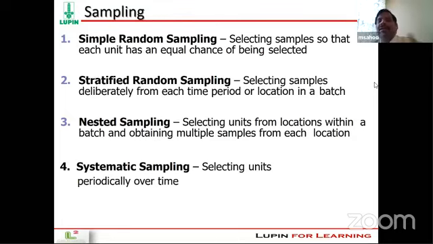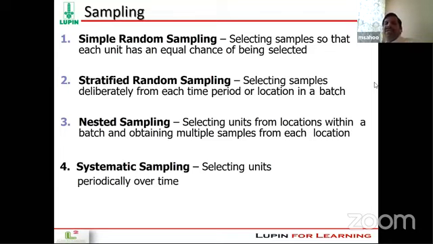Nested sampling is when, after the process is completed, you divide the batch into different lots, like putting it into different containers, as a simple explanation. Sampling from each bucket or each container becomes nested sampling. Systematic sampling: again, people generally confuse stratified, random and systematic sampling.